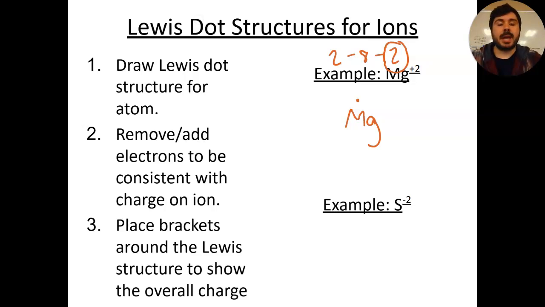Now, instead of doing what we did with our Bohr models, where we placed electrons opposite of each other, that's not the case this time around. When it comes to putting electrons on a Lewis dot structure, we always want to pair them up in 4 different zones.